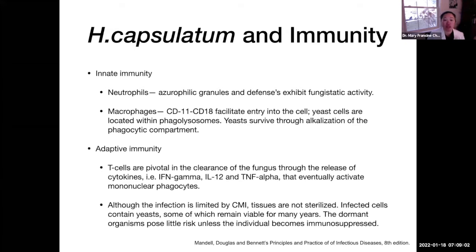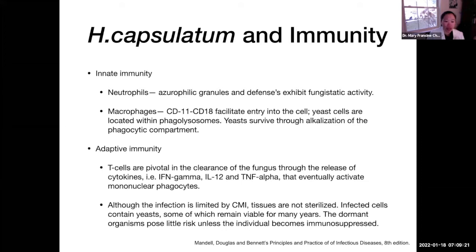However, these yeasts survive even in this hostile environment, by that I mean the phagolysosome. They are able to survive through the alkalinization of that compartment. So it's still able to evade, to some extent, your innate immunity.